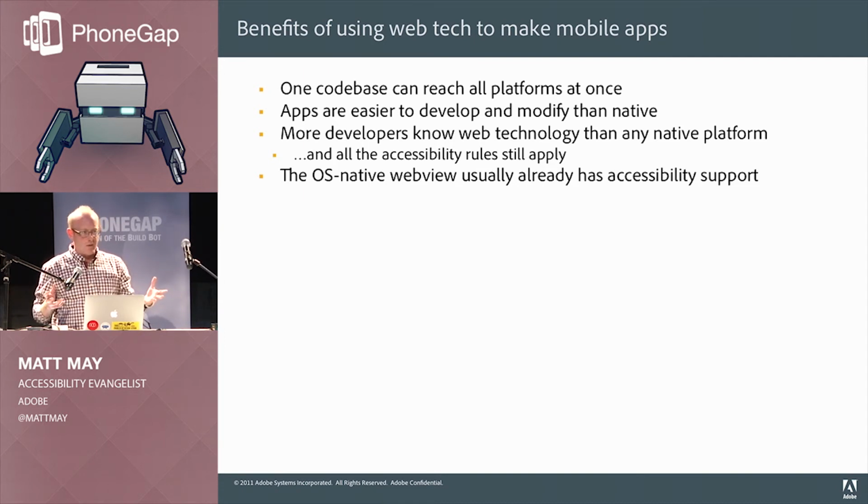There's not a lot of overlap in functionality, so we're taking that away and giving you one platform to develop accessible applications, which is huge. It's really important for people that are developing accessible applications. Easier to develop and modify than native applications. You have more people who know web accessibility than any operating system accessibility. And we are using that native WebView support.